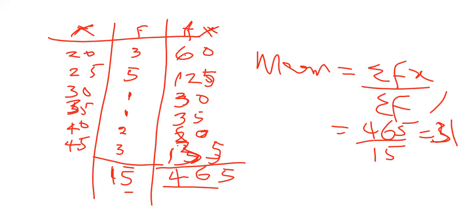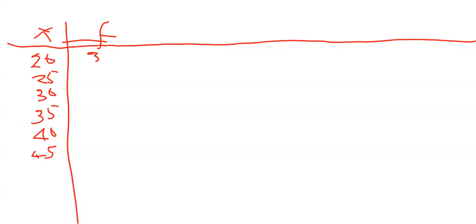But now, with this, we can have this X, this is our F. So this is 20, this is 25, this is 30, this is 35, this is 40, this is 45, this is 3, this is 5, this is 1, this is another 1, this is 2, this is 3.